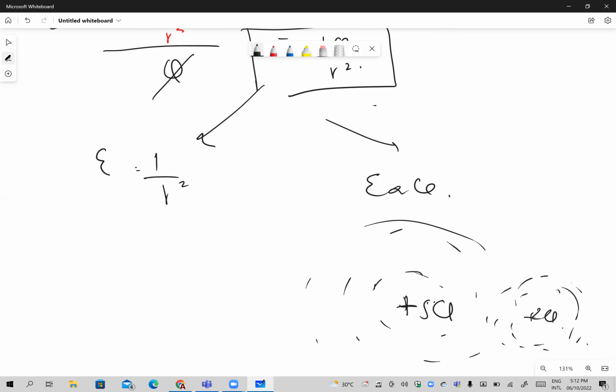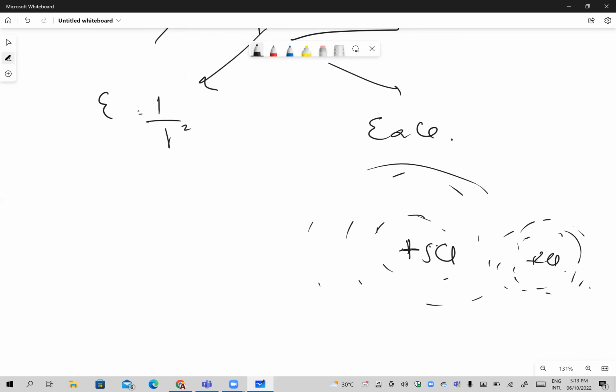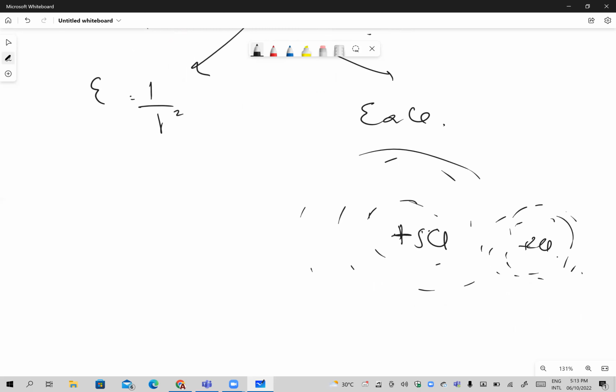That's again pretty straightforward. As the square of the radius increases, the field simply decreases because the distance keeps on increasing. And definitely, you're going to feel more of the effective field if you stay near the charge itself, because the closer you are, the more effect it will have on the object.